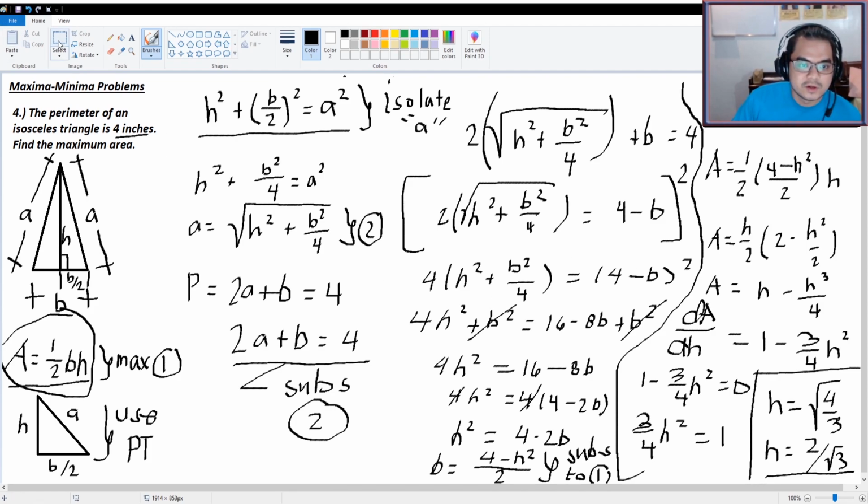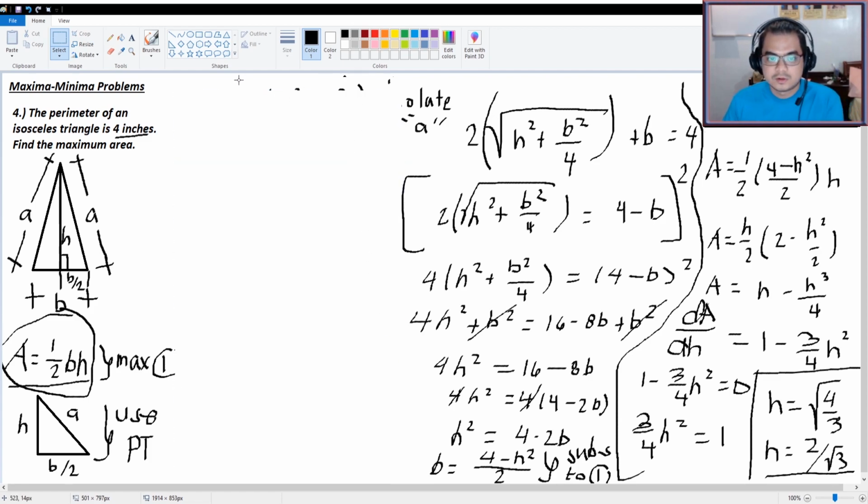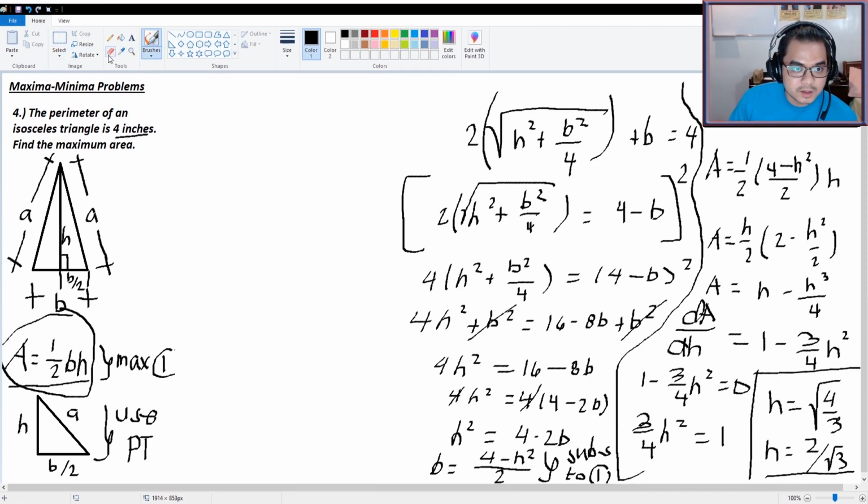Okay, so I just have to delete some of this. Deleting that and continuing. Since we already have the value of h, we can now use the value of the area here. The value of the area is this one.